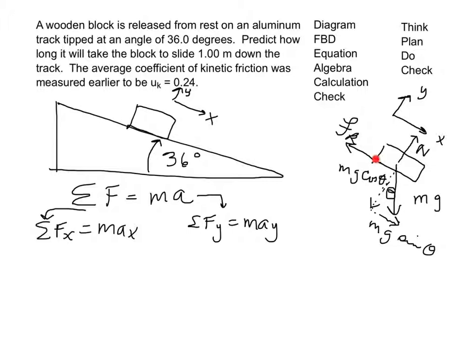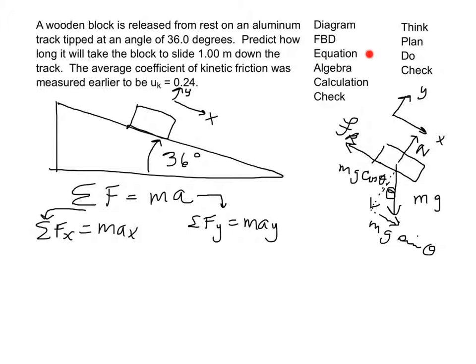The friction force is along the track going up, slowing it down. The force of gravity has x and y components that are the sine of theta, cosine of theta, where theta is the track angle of 36 degrees, and the normal force is drawn carefully perpendicular to the track and labeled n. So look at the diagram, look at the free body diagram, and see that you got it all right.